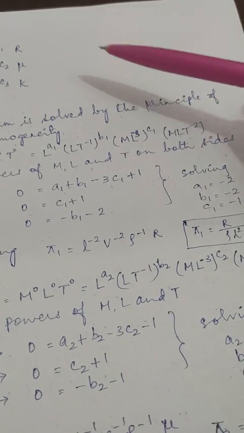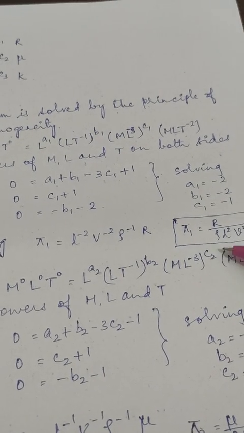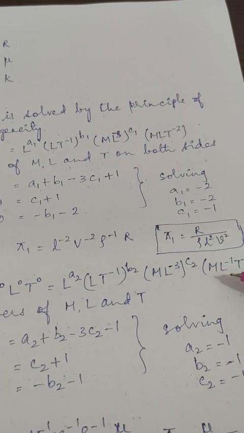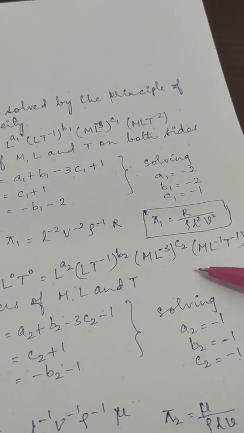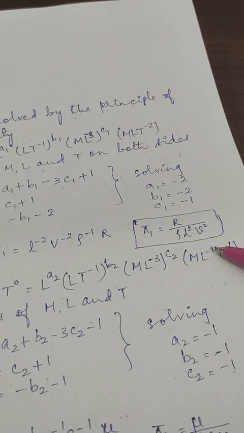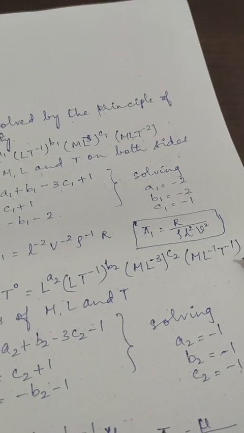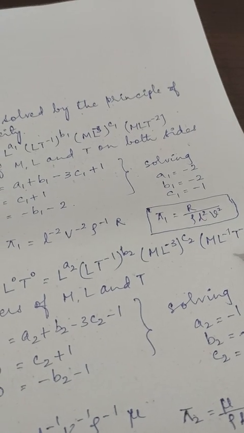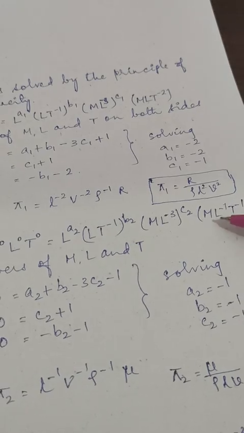Similarly, my density will be written as m L to the power of minus 3 to the power of C2. And viscosity has the fundamental quantities m L to the power of minus 1 t to the power of minus 1. In the earlier class, we gave an example of the fundamental quantities and the derived quantities. You can refer to them.